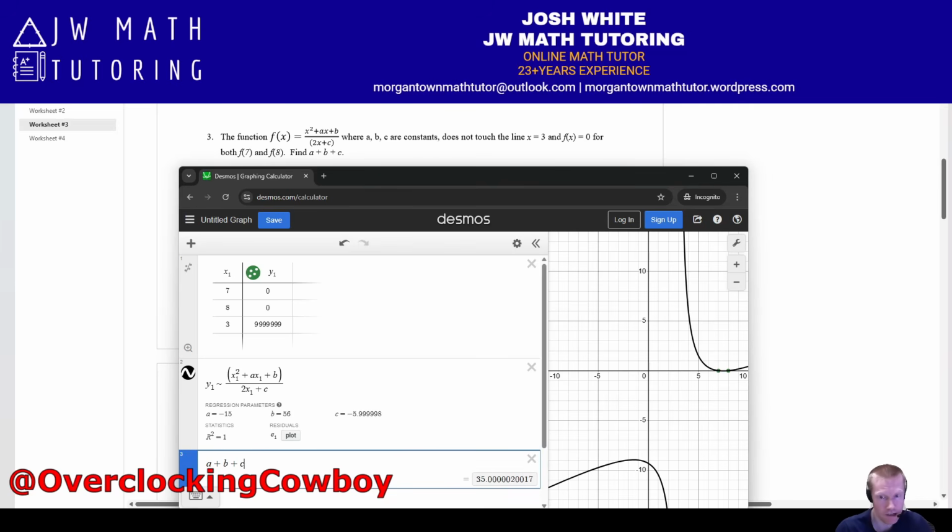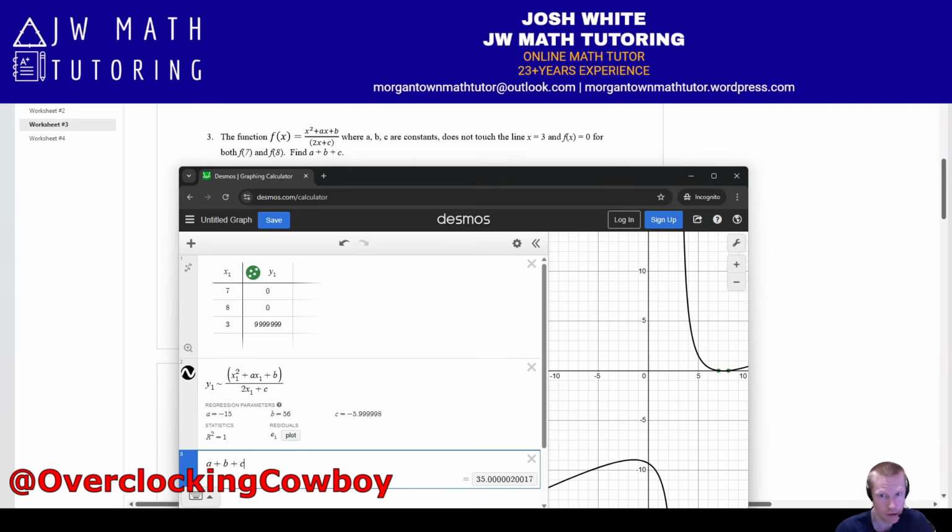Notice here again, it's not exact because technically it's putting in an actual finite value for when x is 3, when in reality it's supposed to be infinity, not 9,999,999. But notice it's close enough, because if you take this answer and you either round it or truncate it to 5 total digits, it's going to be 35.00 or just 35, which is the correct answer.